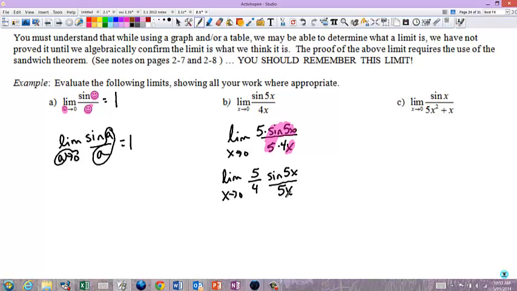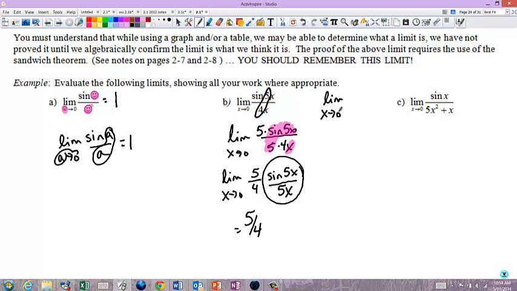Okay, this is 1. So it's just 5/4. Or you could have just said, ooh, it's 5/4 and been done, which would have been wonderful. On C, so let me do one more like that.